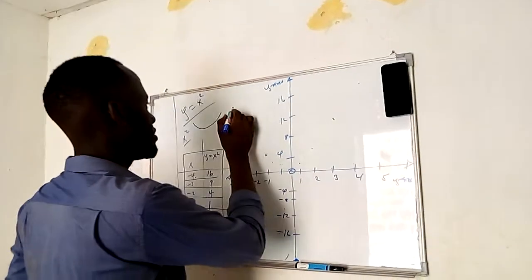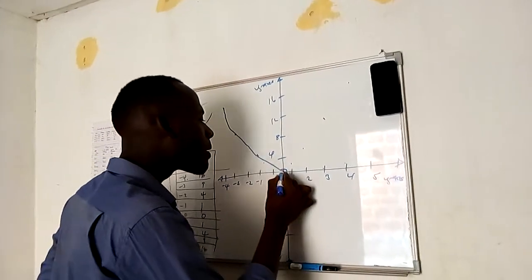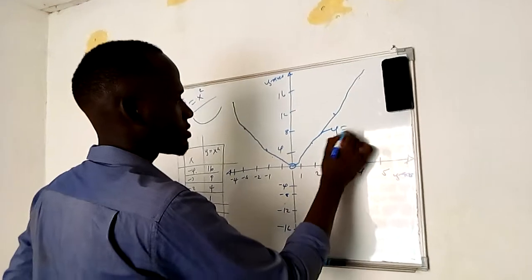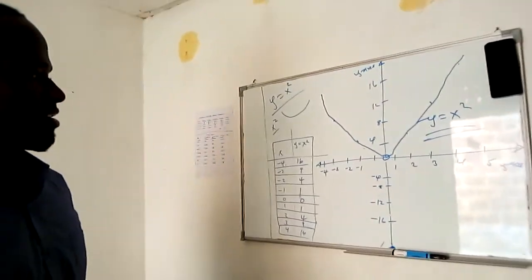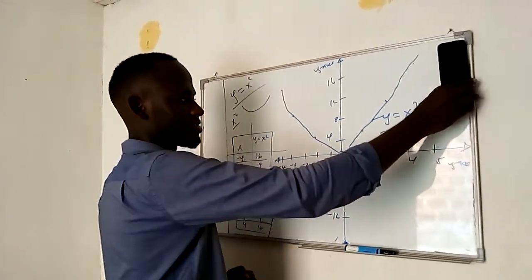You see how the graph has turned out. You name it, y is equal to x squared. That is how easily you can draw a graph using functions.